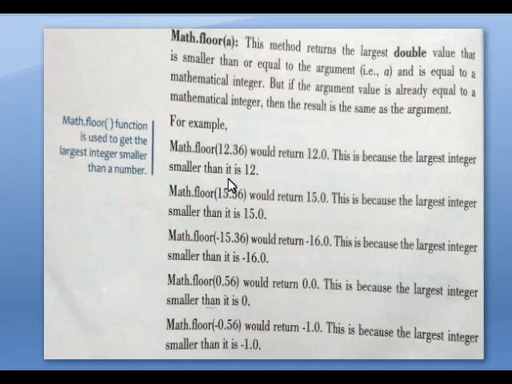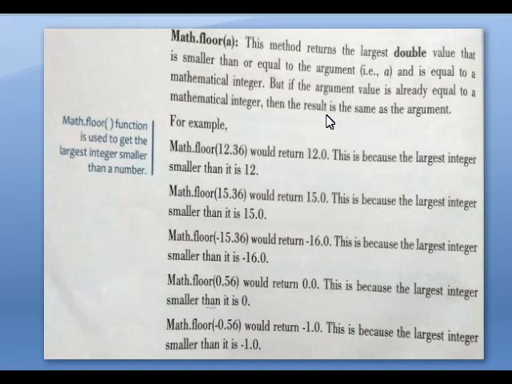But in the case of floor, it will decrement the value if it is a negative value, and it will remain as it is if it is a positive value. This method returns the largest double value that is smaller than or equal to the argument and is equal to a mathematical integer. But if the argument value is already equal to a mathematical integer, then the result is the same as that of the argument.